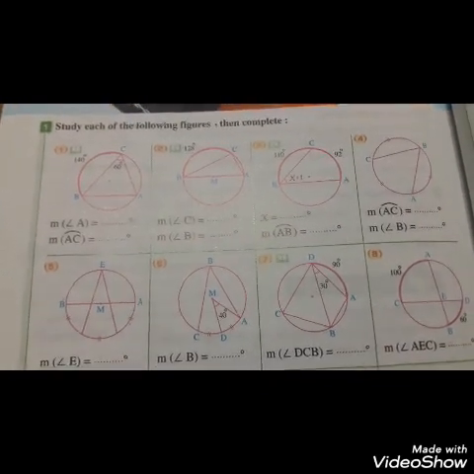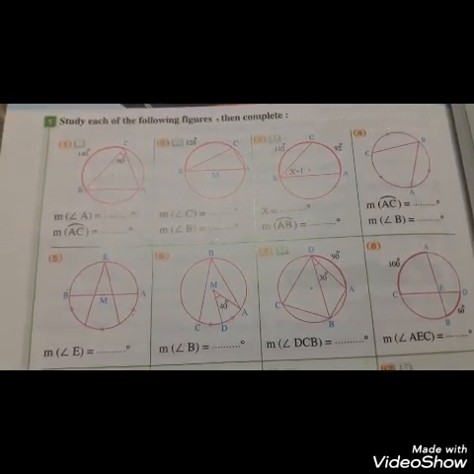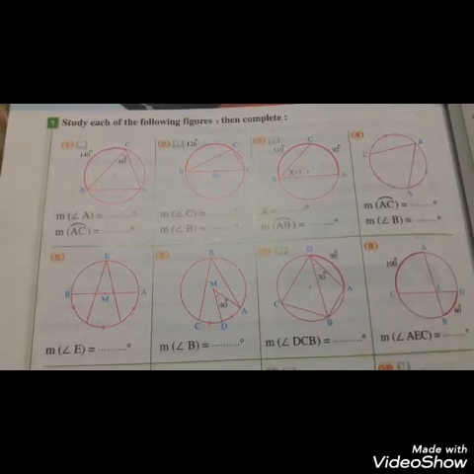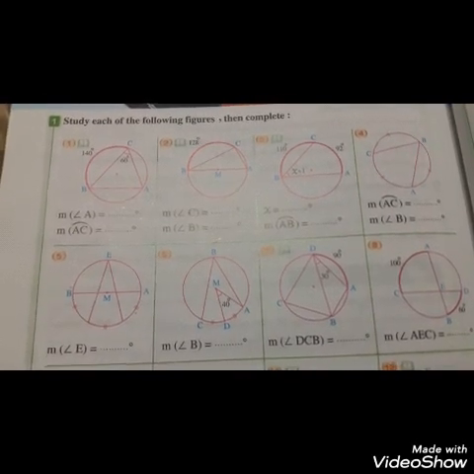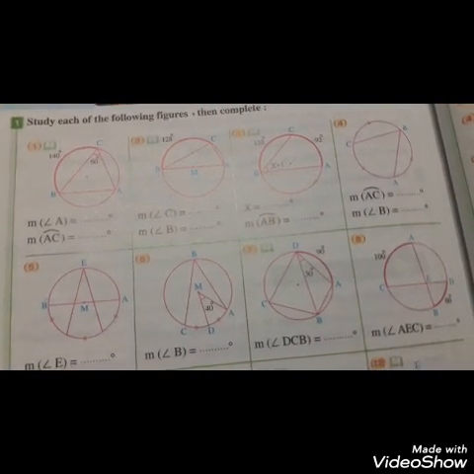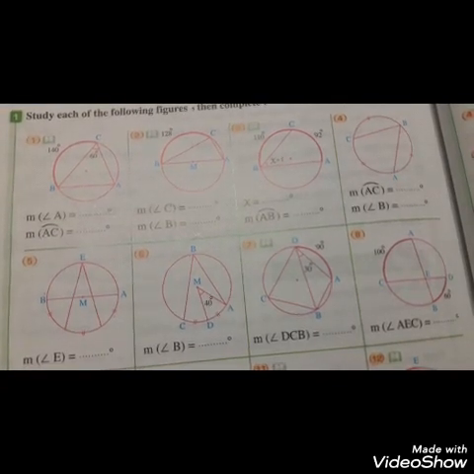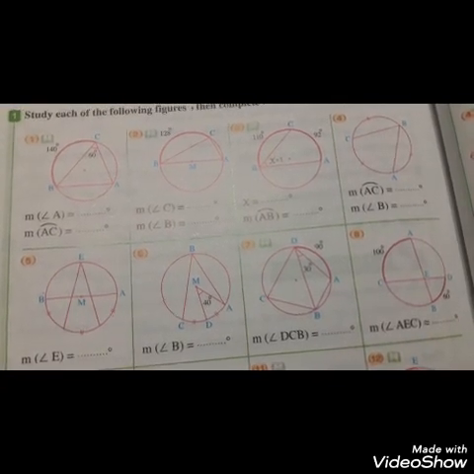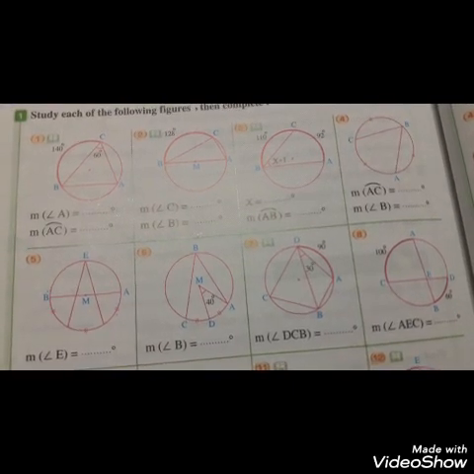In the first figure, we want to find the measure of the angle A. The measure of the angle A, an inscribed angle, equals half the arc that's subtended by it. Then the measure of the angle A equals half times 140 equals 70 degrees.